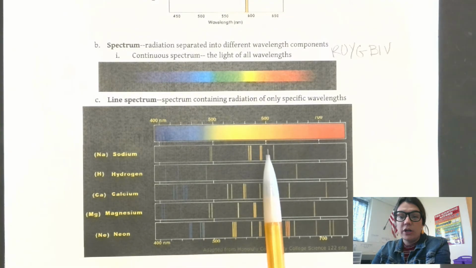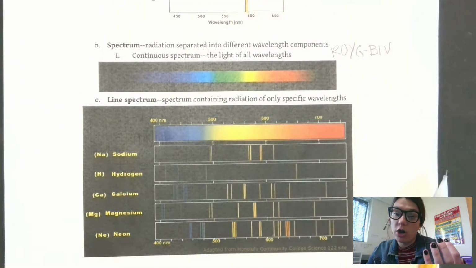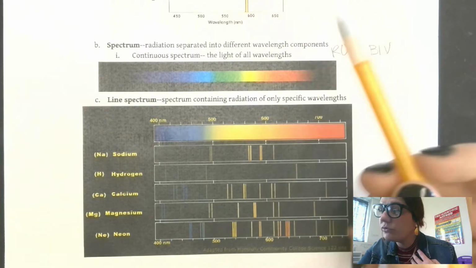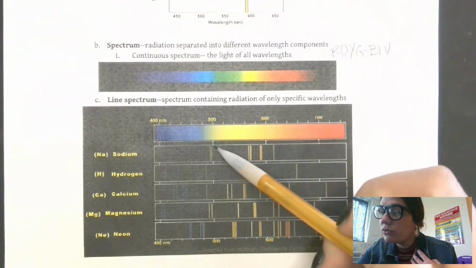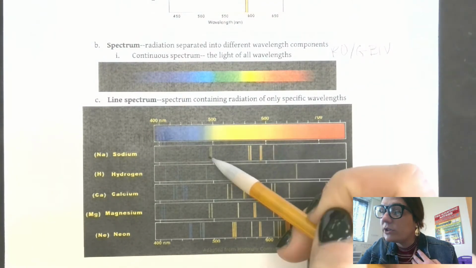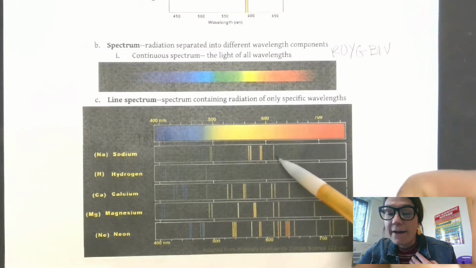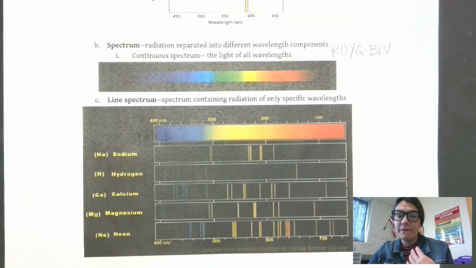Those specific wavelengths are specific to sodium. So for example, it has two here, two here, two here, and one here, which means it has 2, 4, 6, 7 specific wavelengths specific to sodium. And then you see the same thing for the rest that are listed here.